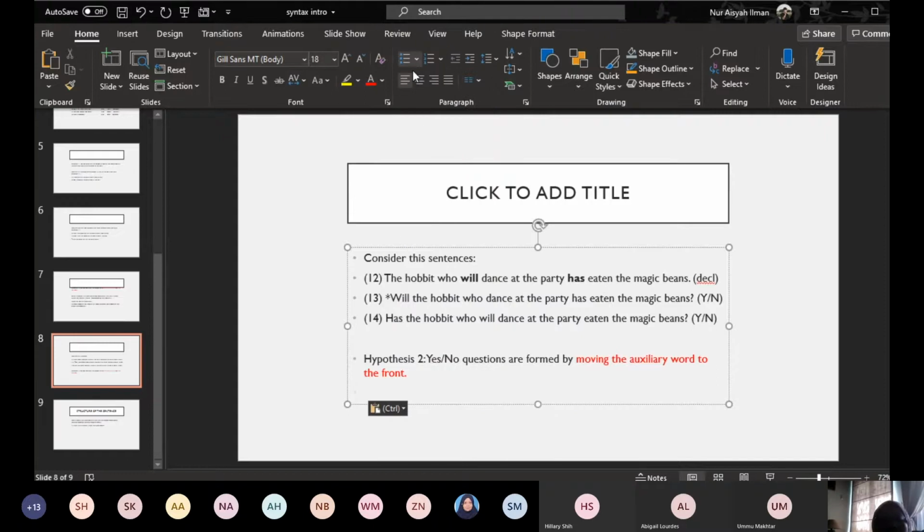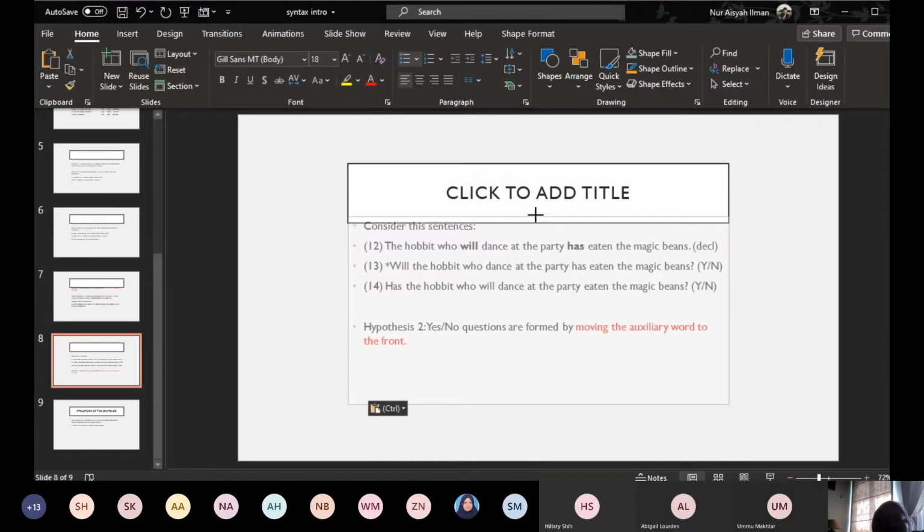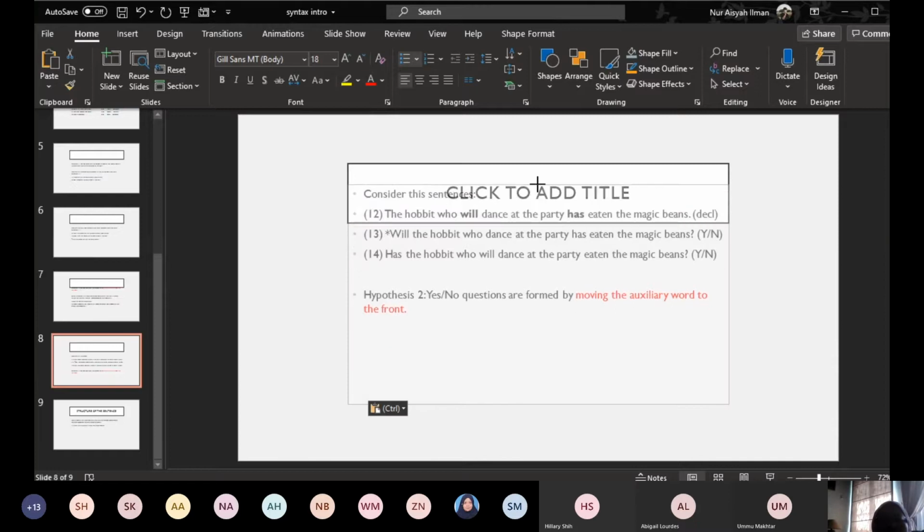So what would be hypothesis 3? We need to specify which auxiliary, right? So maybe we have to say which auxiliary.